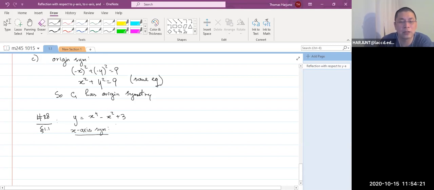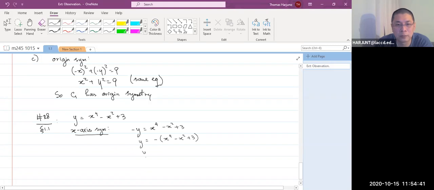To check x-axis symmetry, I replace y by negative y. However I simplify this, if I have y by itself, I do not get the same equation. Not the same equation. So no x-axis symmetry.